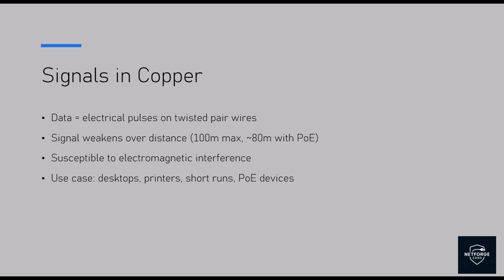Then you will pick up some interference inside the cable. So think of it like two friends talking in a very crowded, noisy room. If you're close, you're fine. If you're far away, or the room is too loud, you start missing some words. You cannot really hear everything that the other partner says to you.